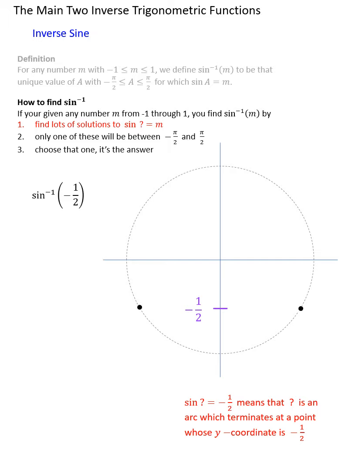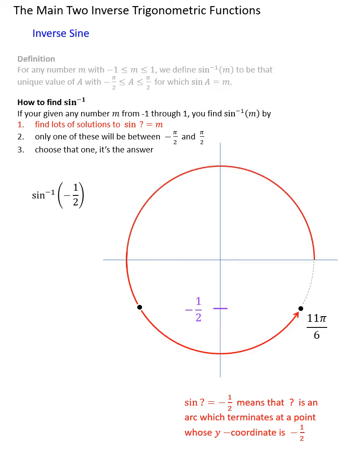There are only 2 points on the unit circle that have a y-coordinate of negative 1/2. So in step 1, these lots of solutions, any one of them would have to terminate at either of these points. So we'll try a mixture here. First, there's this arc. You'll recall that 11 pi over 6 is almost a full revolution.